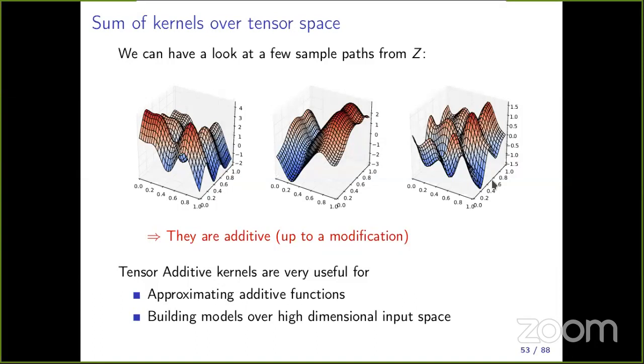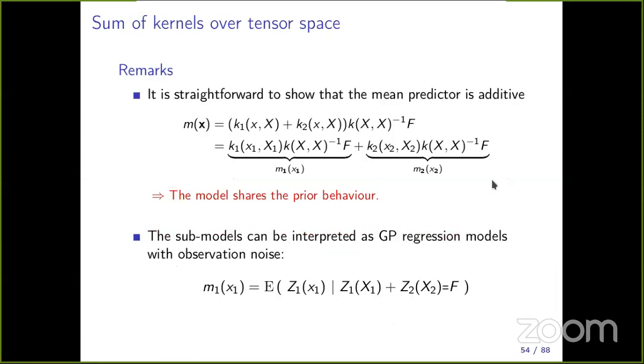There are plenty of behaviors that you can't see with this data because I know it is additive, so I'm giving you an additive covariance function. Or if you want to build a model over high dimensional input spaces, generalized additive models are very well known and very used for high dimensional data. So that's the way to end up with additive models with Gaussian processes.